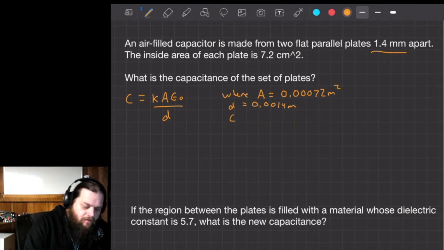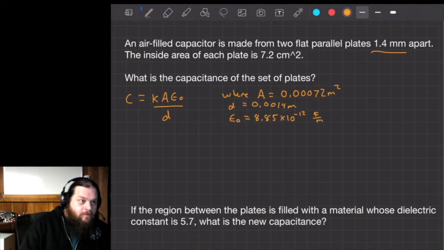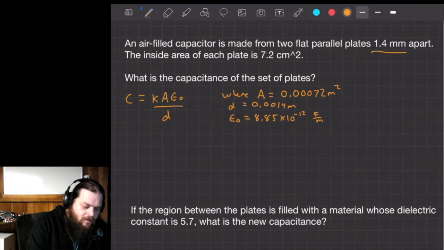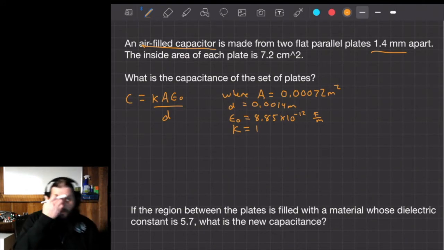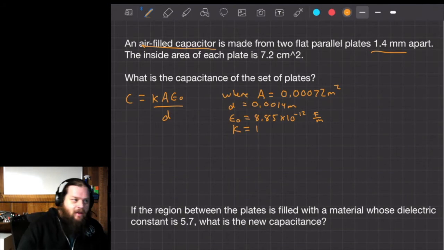And then we always have to use epsilon naught, so that's 8.85 times 10 to the negative 12 farad per meter. And then here we want an air-filled capacitor. So K, in this case, is just going to equal 1. Kappa equals 1 here. That's the dielectric constant of air.